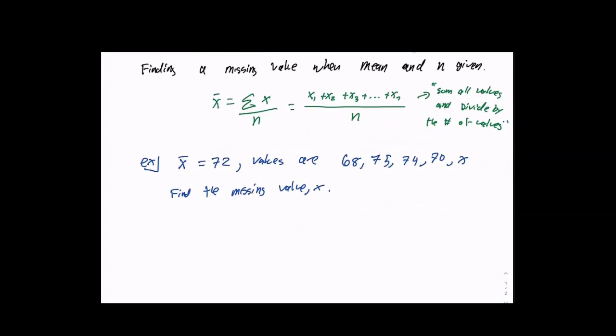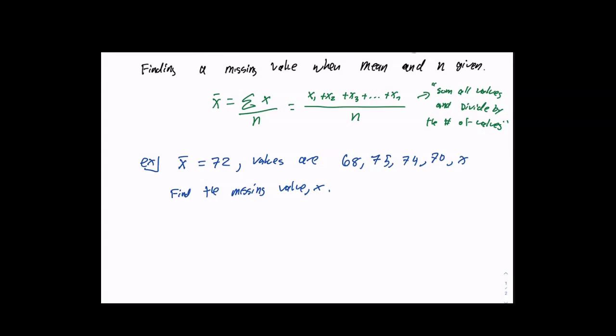All right, so I have a 68, a 75, and this is very similar to the idea of if we added them. Now, if I were to find the average of the 4 numbers, 68, 75, 70, and 74, on their own, I would find out that that number is less than 72. All right?